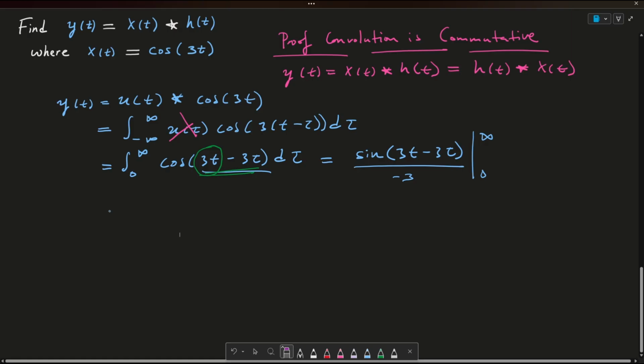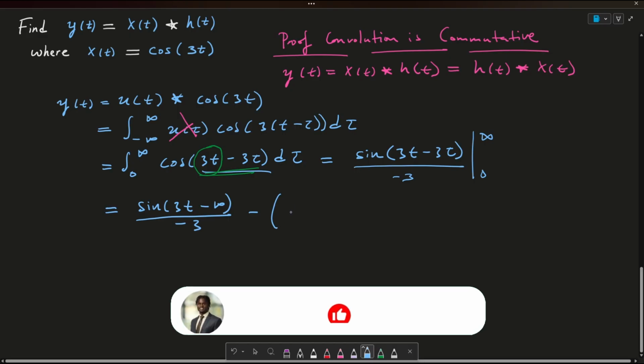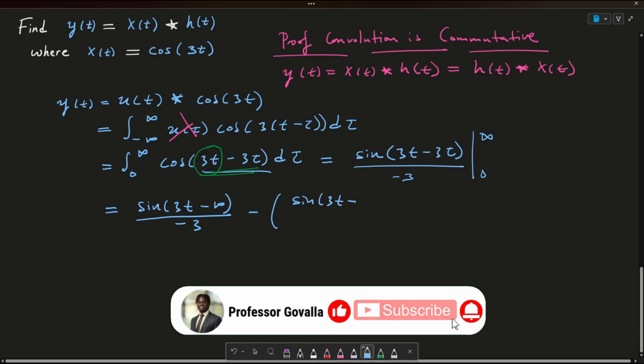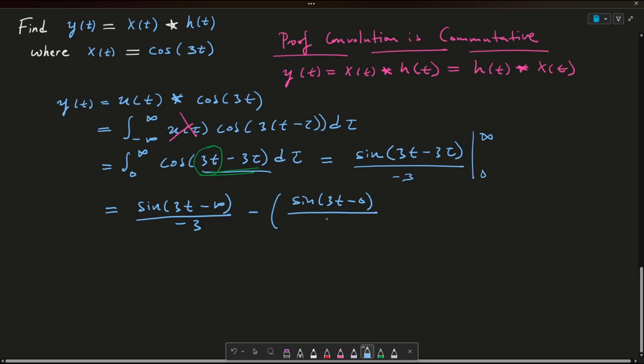So if I go ahead and plug this in, I get that this is equated to sine of (3t minus infinity) over minus 3, minus sine of (3t minus 0) over minus 3. This here is a plus plus.